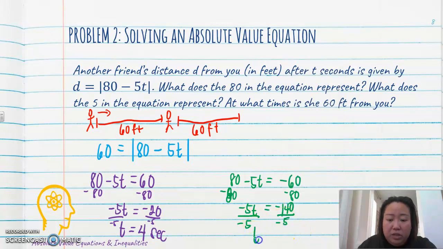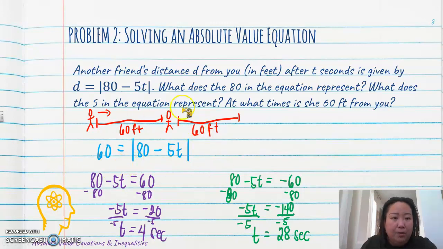So t is going to be equal to negative 140 divided by negative 5, that's 28. So after 28 seconds, your friend will also be 60 feet from you.